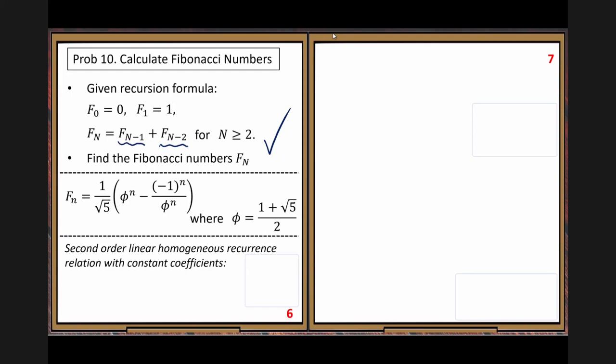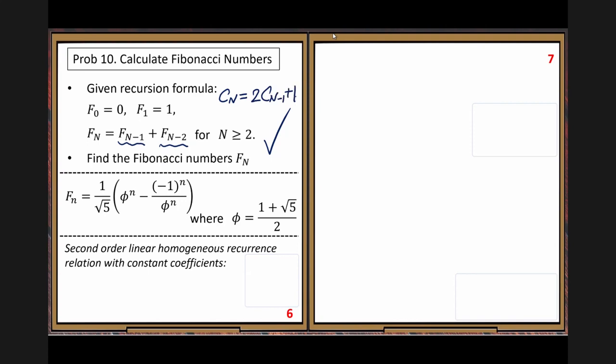Now the first order. Let's recall the first order in our Tower of Hanoi problem. If I write the recurrence relation in a similar way, it is Cn equals 2 Cn minus 1 plus 1.